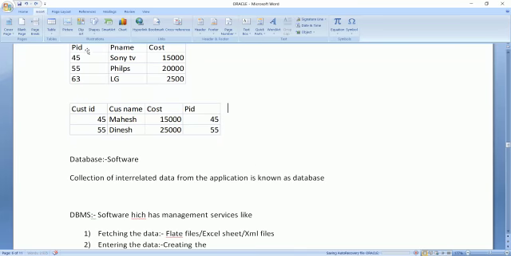So here we have a relationship through PID. We can match 45 and 55. So this is with relationship and without relationship.